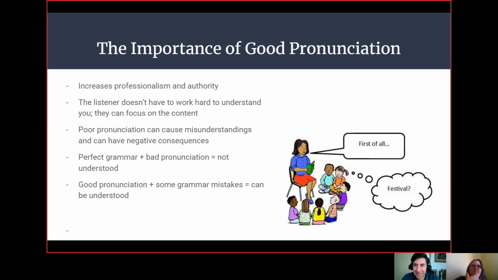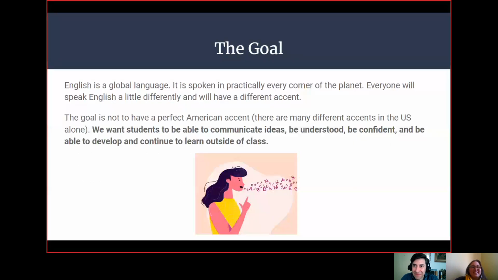So the goal here. English is a language that is spoken all over the planet, in every corner of the earth. So, with that in mind, everyone's going to speak English a little differently, and they'll have a slightly different accent. So, the goal here is not to have a perfect American or a perfect British accent.